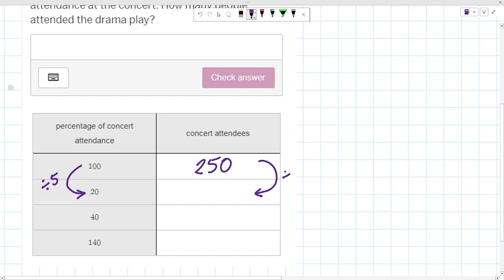I should divide by 5. So what's 250 divided by 5? It's going to be related to 25 divided by 5. 25 divided by 5 is 5. So 250 divided by 5 would be 50.